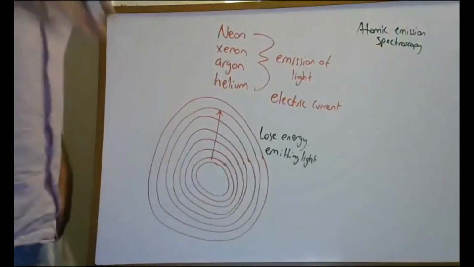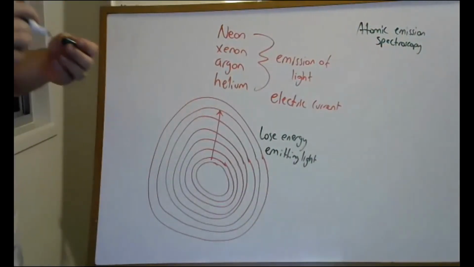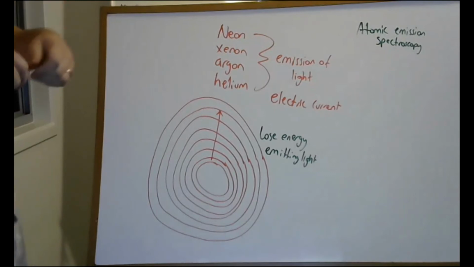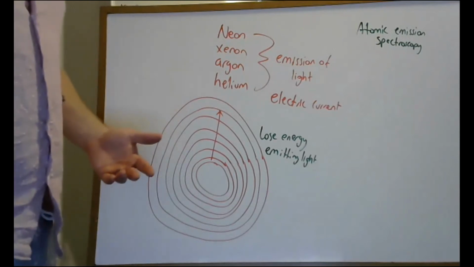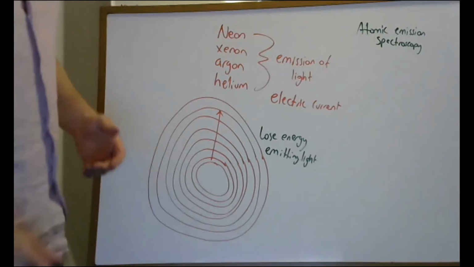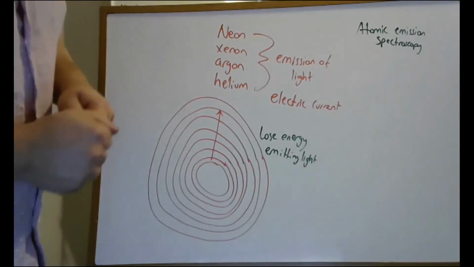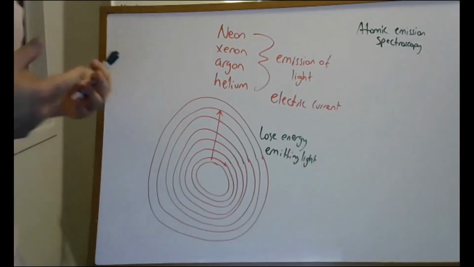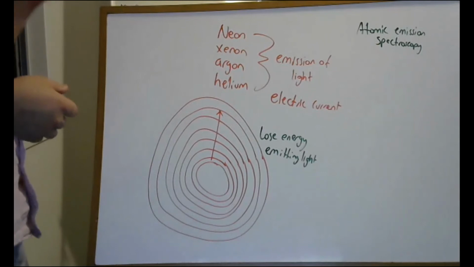If we shine light into a sample and then we detect light being released at a certain wavelength, that will tell us what is in our sample. Because no two elements have the same emission spectrum. This is how we fingerprint the elements.